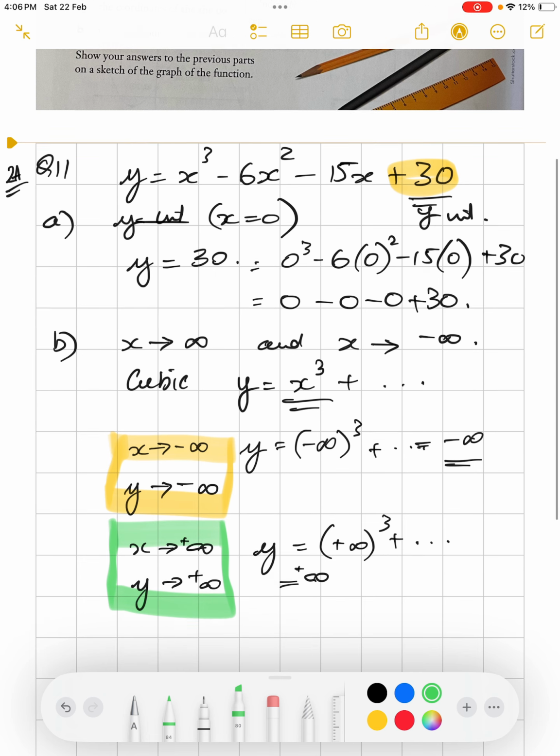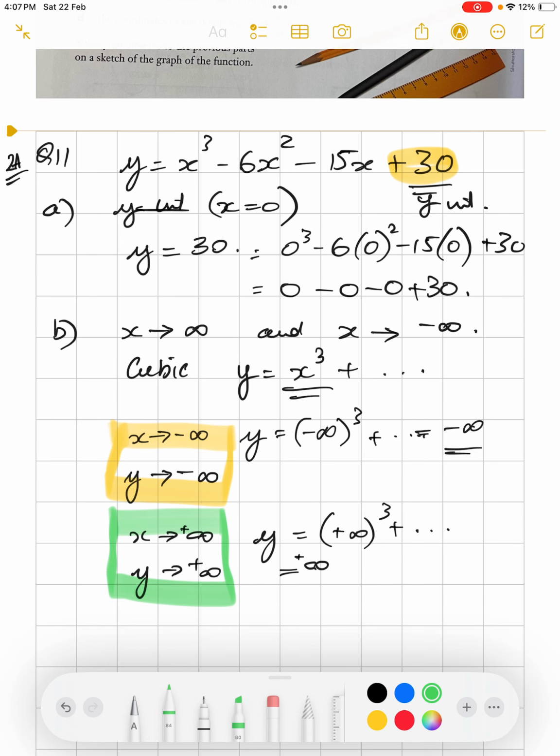What that means in the graph is, as x is approaching negative infinity, y is approaching negative infinity. And as x approaches positive infinity, y is approaching positive infinity. And we know it's crossing at 30 so far.